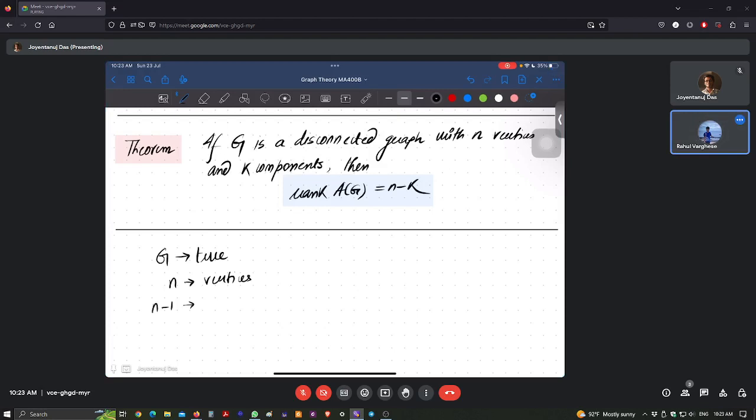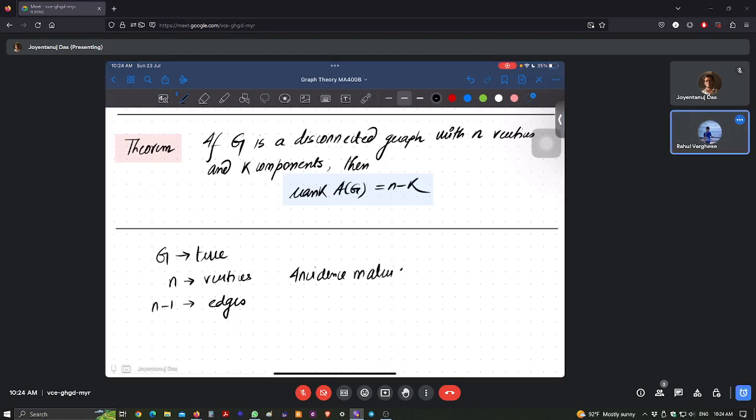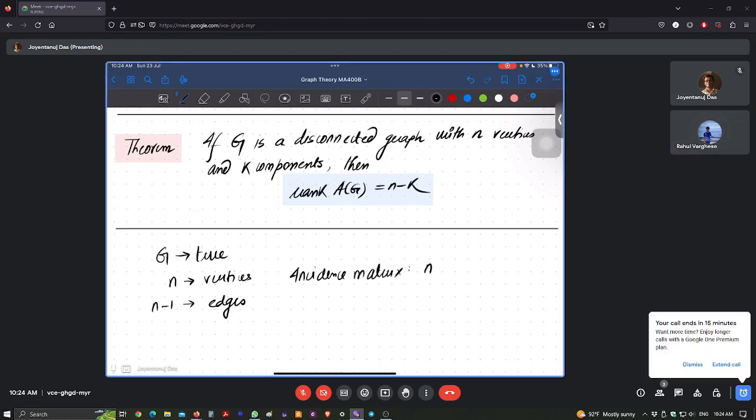So there are n minus one edges. So what will be the size of the incidence matrix? It will be n into n minus one, right?